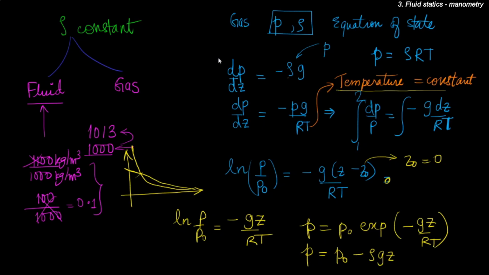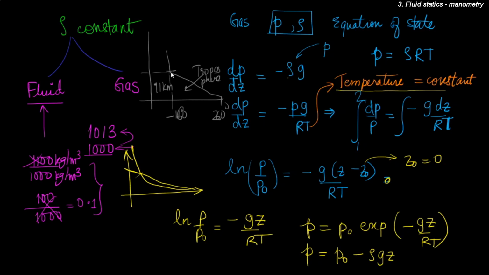We all know that the temperature actually varies over the surface of the earth from say 20 degrees Celsius to minus 60 degrees Celsius over a range of 11 kilometers. So inside our troposphere, this altitude of 11 kilometers is like the troposphere.